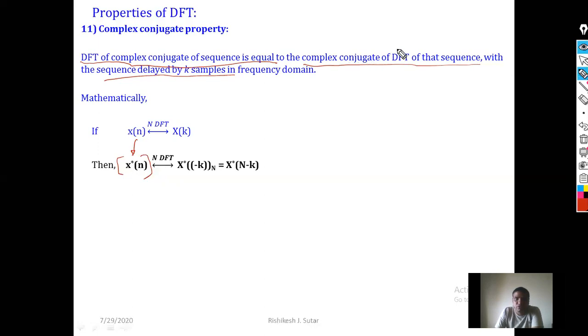It is equal to the complex conjugate of the DFT with the sequence delayed by k samples in frequency domain. So it would be x asterisk of n, and this n is delayed by k samples. Okay. So these are the properties of DFT which we wanted to see today.